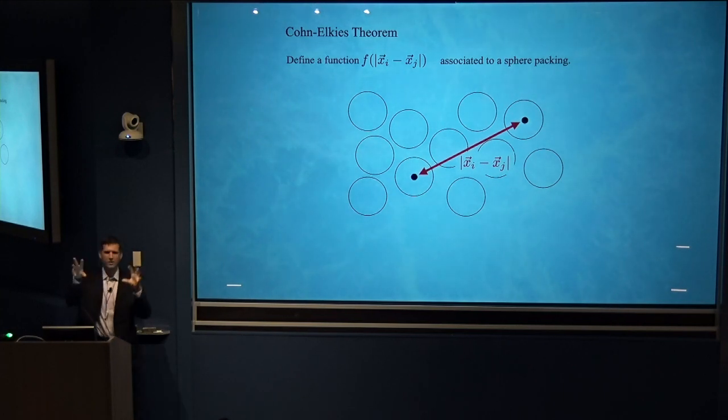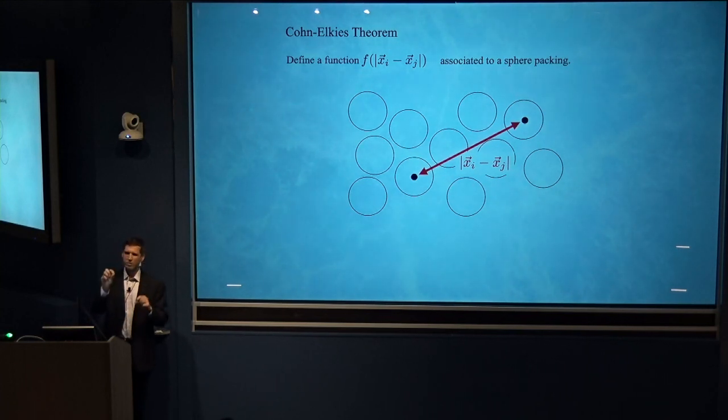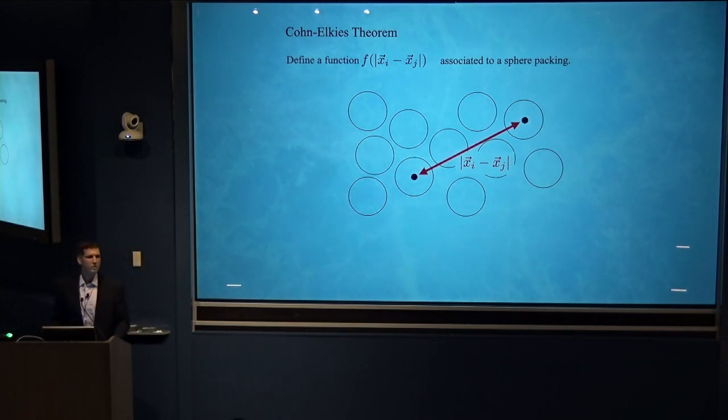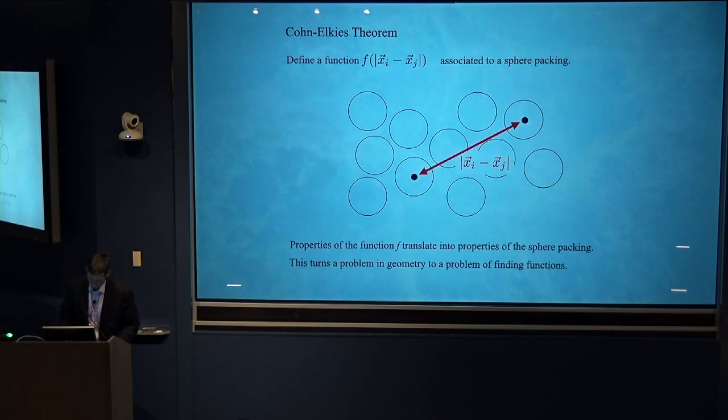A sphere packing is just a bunch of spheres arranged in some way, and you can measure the distances between all their centers in the whole packing. You can put them all together into this function f of Cohn-Elkies. What they showed is that properties of the function f translate into properties of the sphere packing.